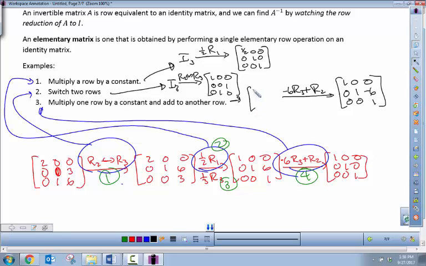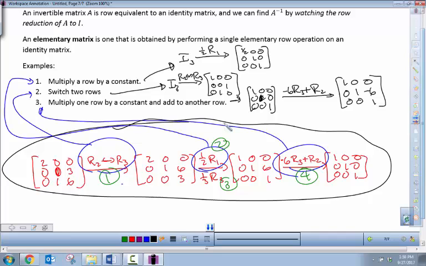I'm always starting with the identity. Why does it look like the original matrix maybe? Oh, we're kind of ignoring this right now. But I'm stealing the ideas from what we did as examples. So it's the same process, but not the same.